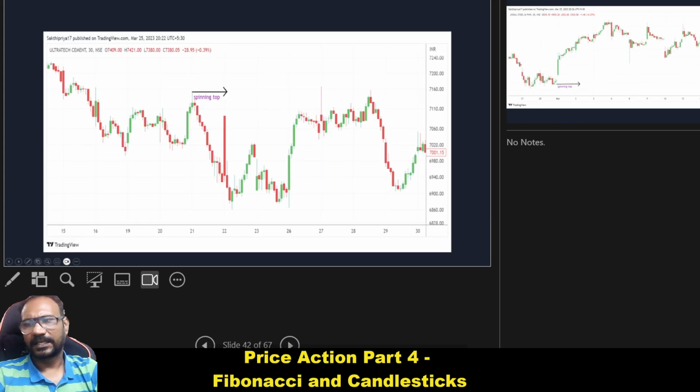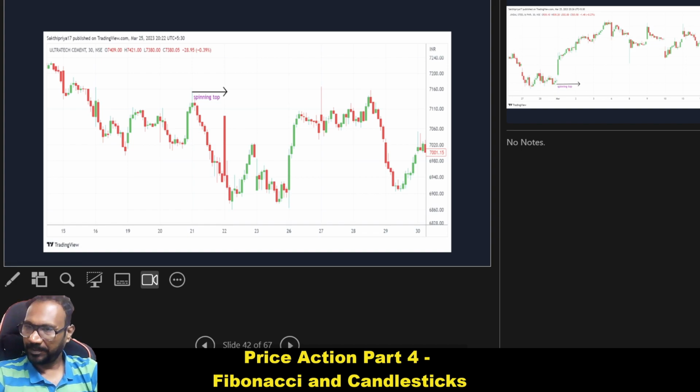So there is an example of a spinning top. The market has been on a rally and then it got pulled back and then it formed a spinning top, losing its momentum. The upward momentum, you see this large candle, this is a momentum candle. It lost its momentum and subsequently what happened? It kept coming down, right? So this is where you get a clue that the market might change its direction.